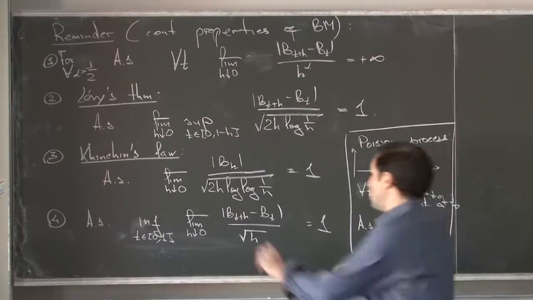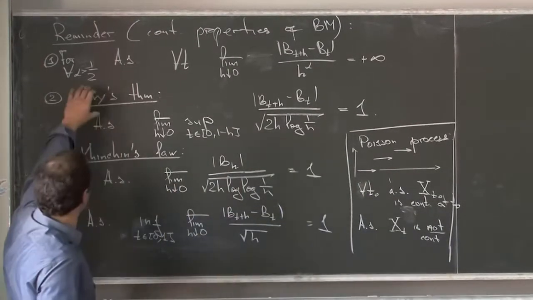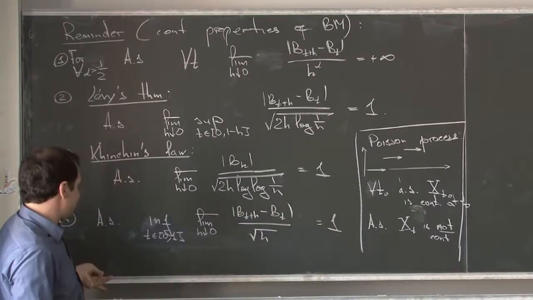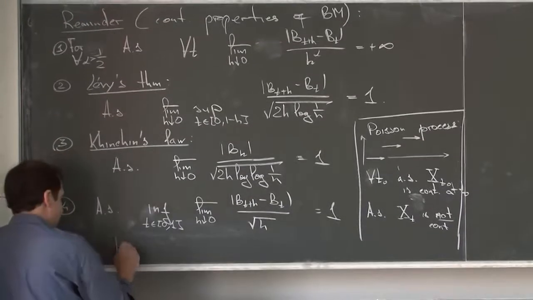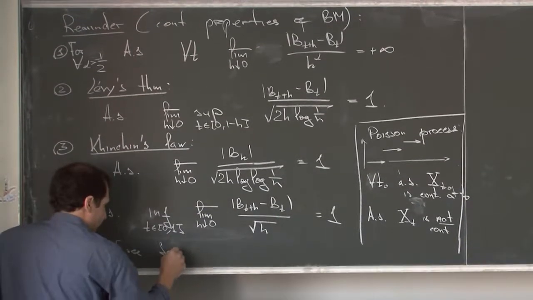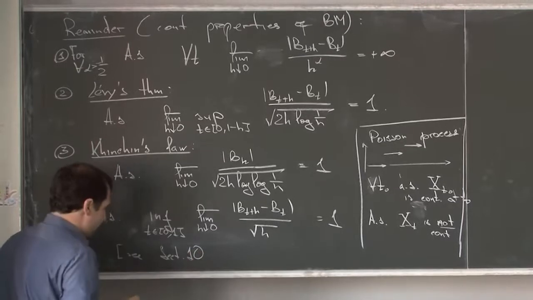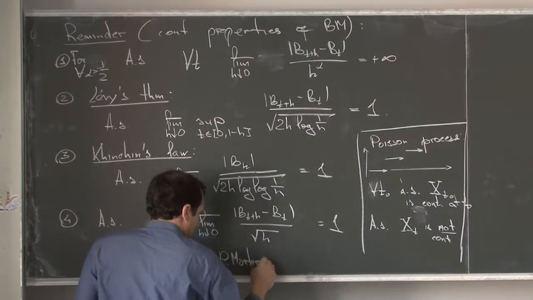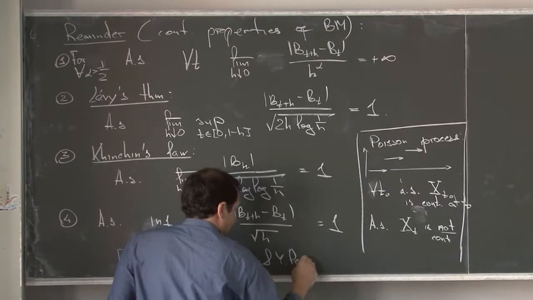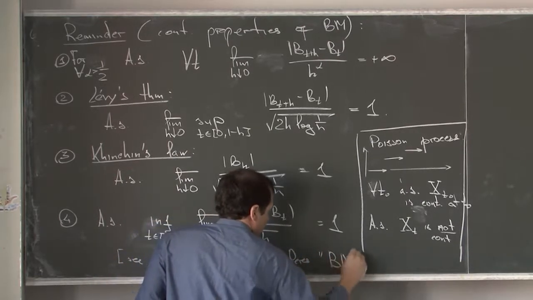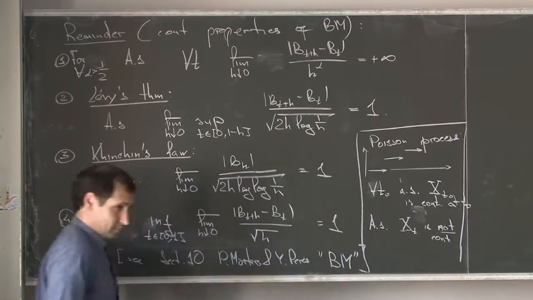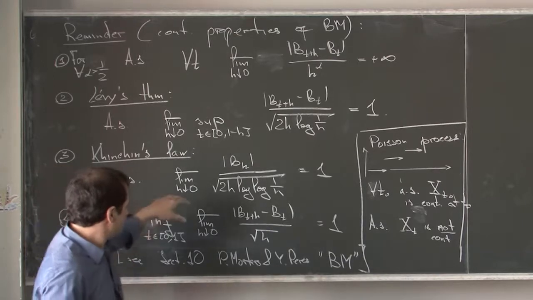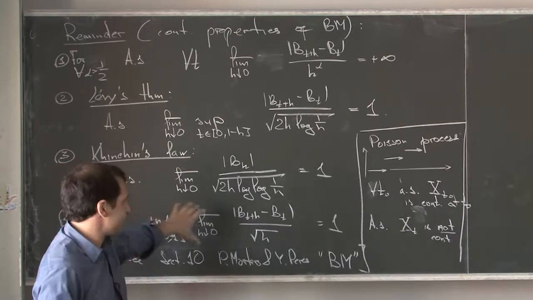So now let me remind what happened here. This I'm not going to discuss at all. If you need more information, just see yet another book by Peter Mörters and Yuval Peres, Brownian motion. There are many beautiful results of these sorts.